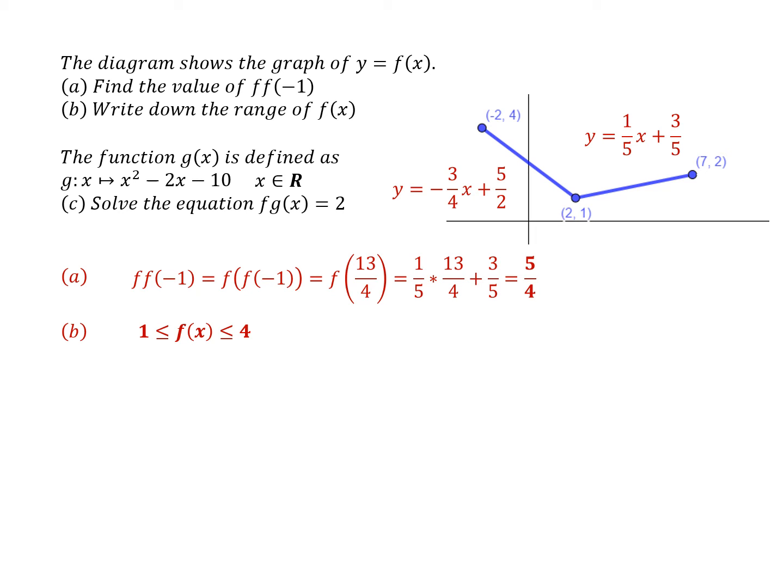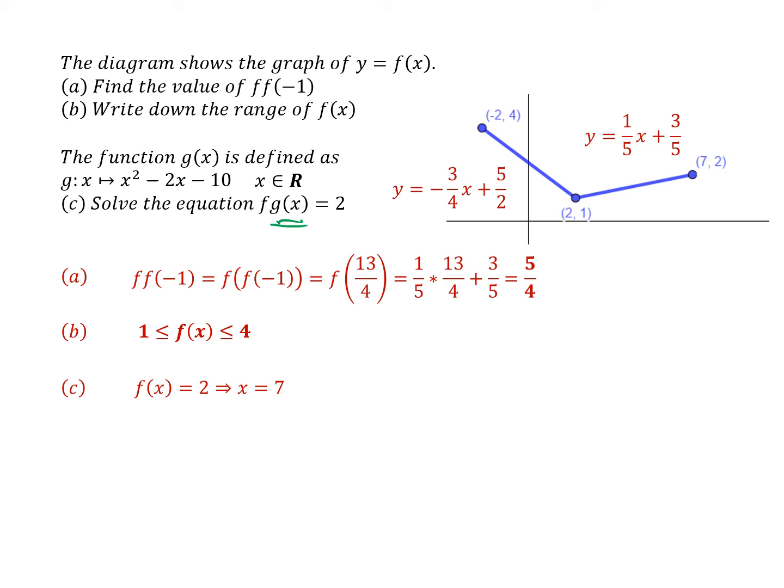Okay, part C now. We've got this new function g of x, which is defined like that. And we've got to solve the equation fg of x equals 2. So we want f of something equals 2.